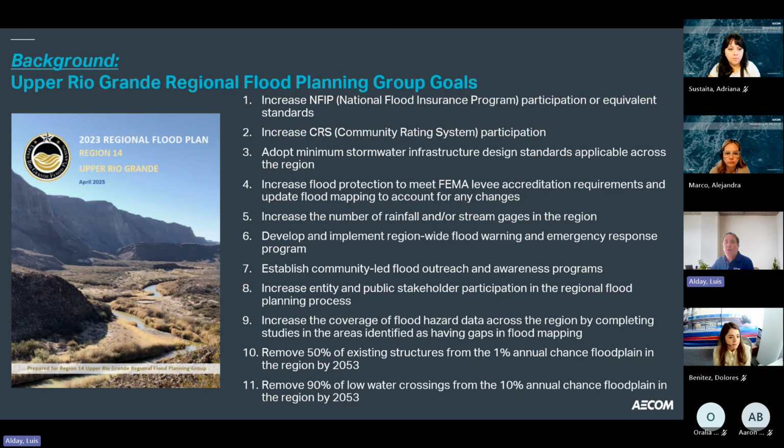The stream gauge and rainfall coverage is to have a more detailed understanding of flooding in the area, improving flood hazard mapping, encouraging public participation like yours. This is very important for us, having communities like yours participating in this meeting and sharing your knowledge of past flooding and future understanding of what can be done helps us a lot. And then implementing better stormwater management standards. One of the most important goals of this flood plan is reducing the number of structures located within the flood-prone area over time.